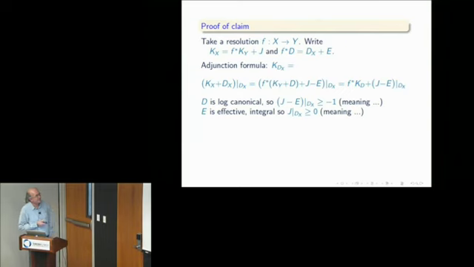Now this E, since I pull back a divisor D, contains all the exceptional divisors with positive coefficient. So that means effective, and when I subtract it from J, I still get larger or equal to -1. That means that J restricted to D X is larger or equal to 0.